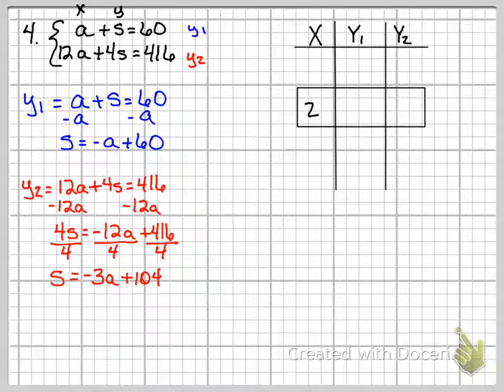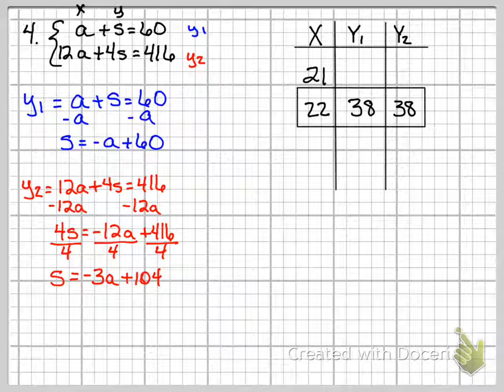When I put in negative A plus 60 for Y1 and negative 3A plus 104 for Y2, I know that I can't have negative minutes, so I'm going to scroll down from 0 on, and I know that the most minutes I'll have is 60, so somewhere between 0 and 60 I'll find my answer. At 22, X is 22, I find Y is 38. So that means 22 minutes of aerobic and 38 minutes of stretching.